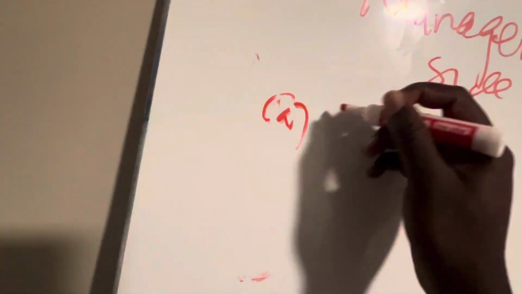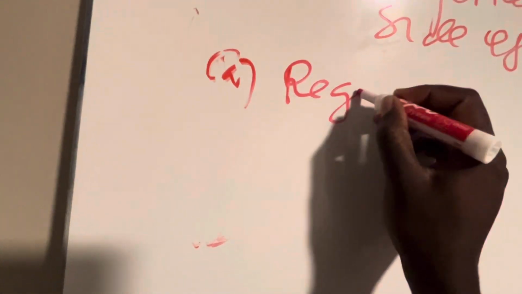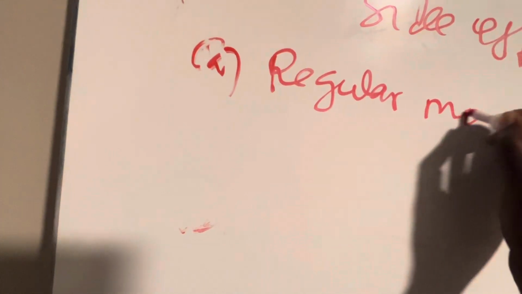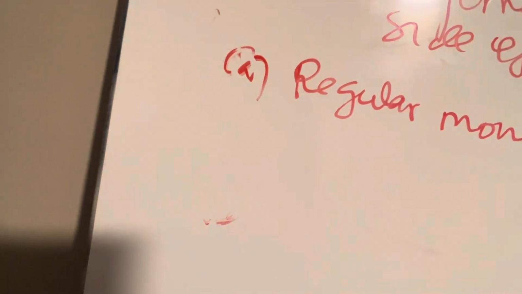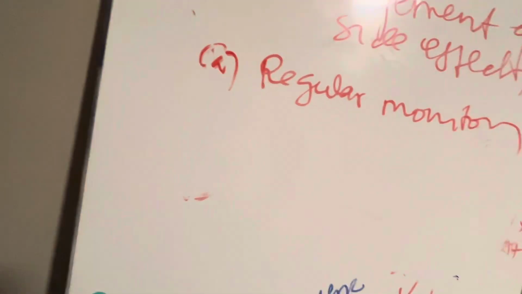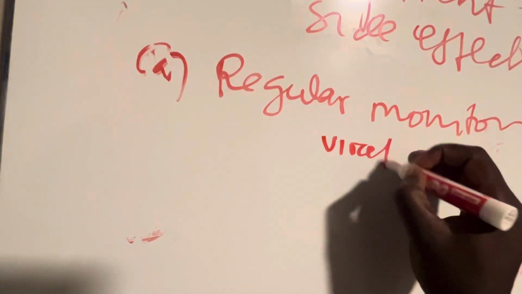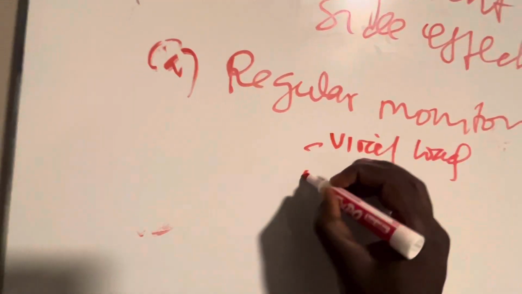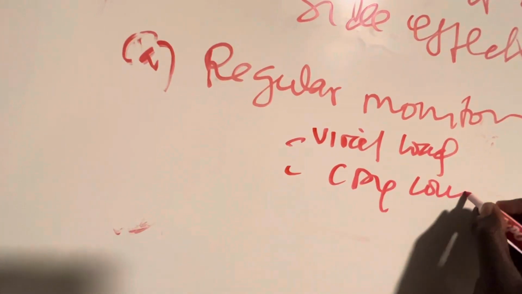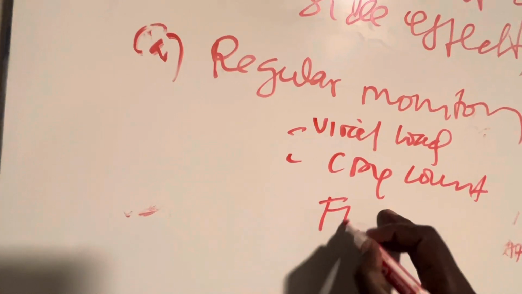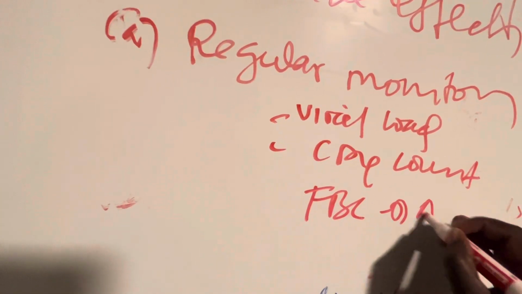So how do you manage side effects associated with the ARVs? Number one, regular monitoring. As they come for regular monitoring, such as viral load and CD4 count, also do a full blood count, especially if someone is on AZT.